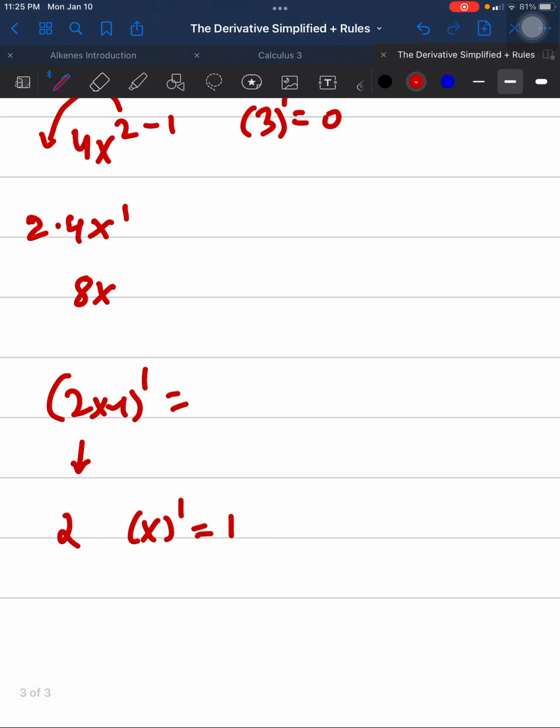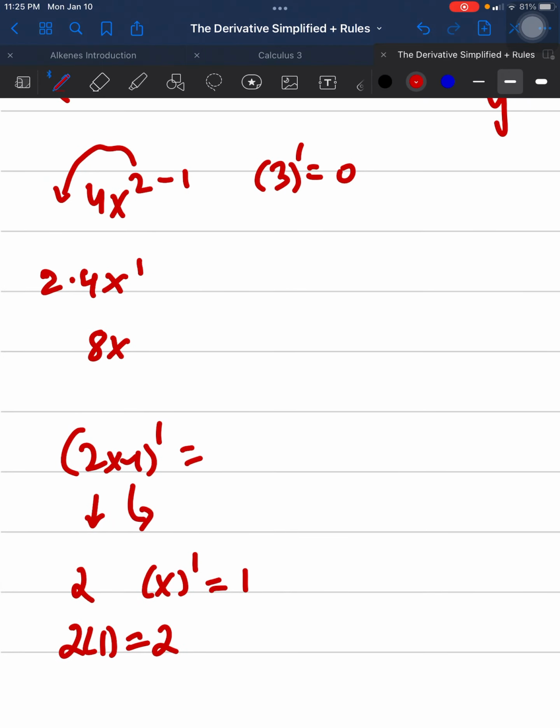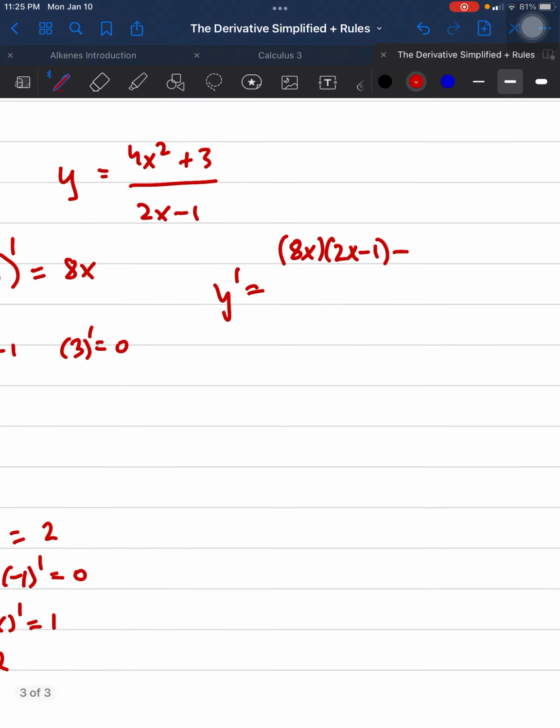So when we take the derivative of 2x, it's just going to be 2 times 1, which is just 2. And then right here, the derivative of -1 is just 0 because it's a constant. So the overall derivative of 2x minus 1 is just 2.